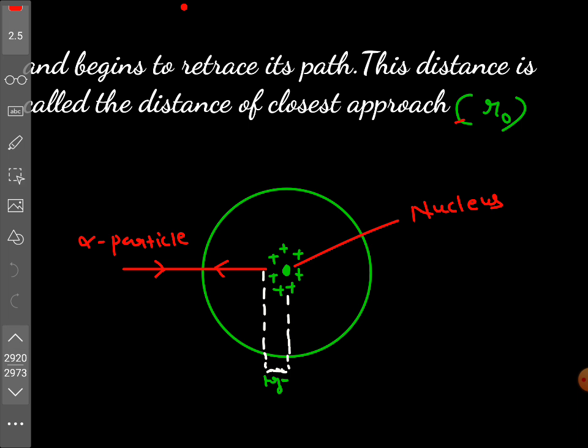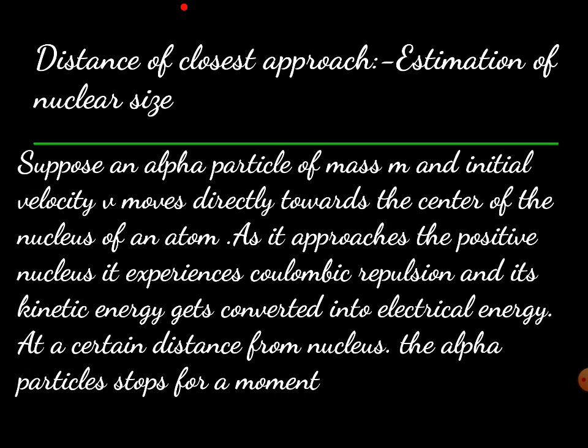So through this experiment they also tried to know the size of the nucleus. For that they took an approach that is called the distance of closest approach, which estimates the nuclear size.